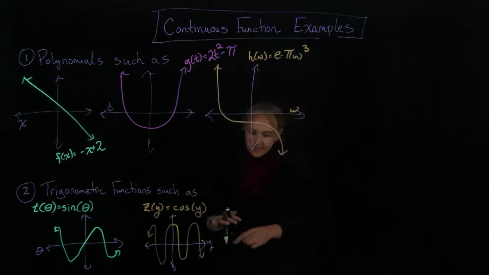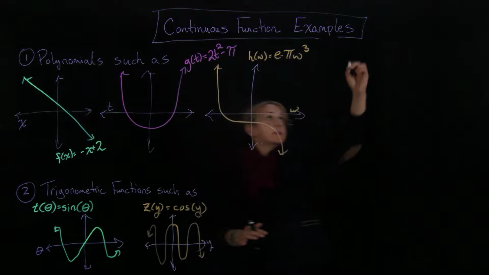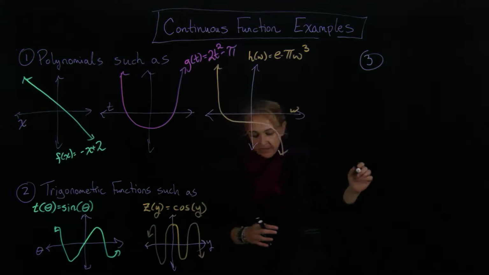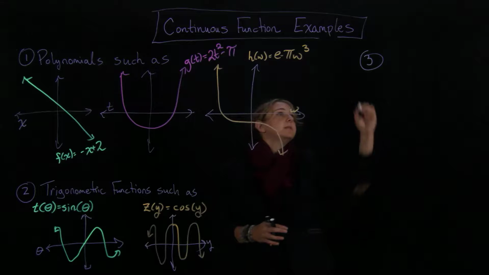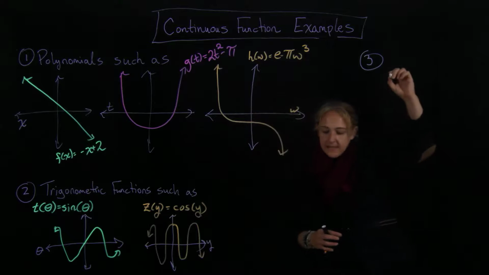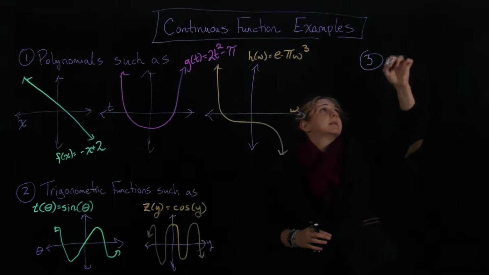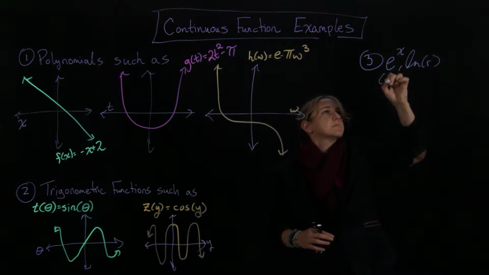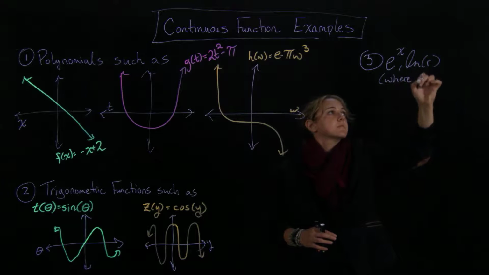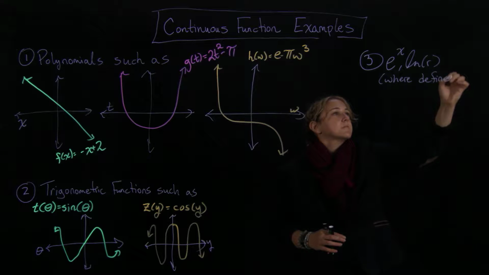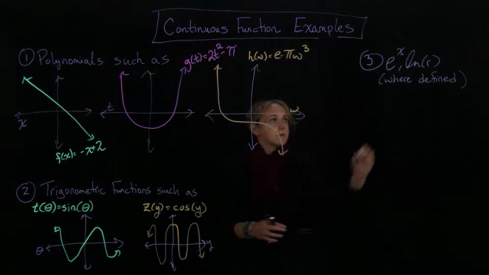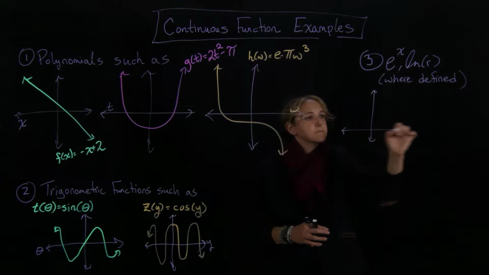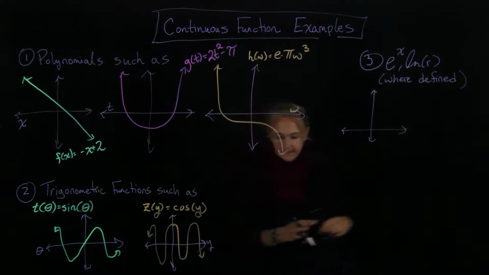Then we have these special functions that we're going to deal with a certain amount. We have w of t equals e to the t. So these are e to the x and ln of r, where they're defined.